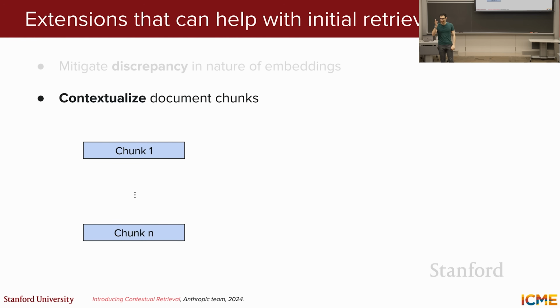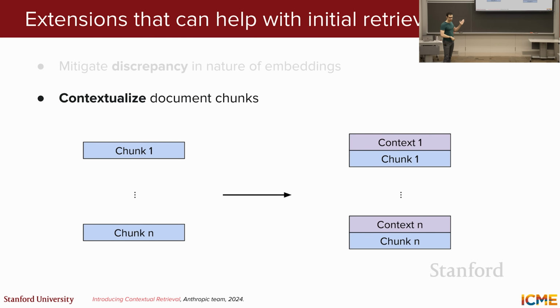OK, so now, finally going to your question regarding how we can make sense of these chunks. If they are taken out of context, they may not make sense. And so the idea here is to prepend some piece of text that just sums up what you need to know in order to understand that chunk.